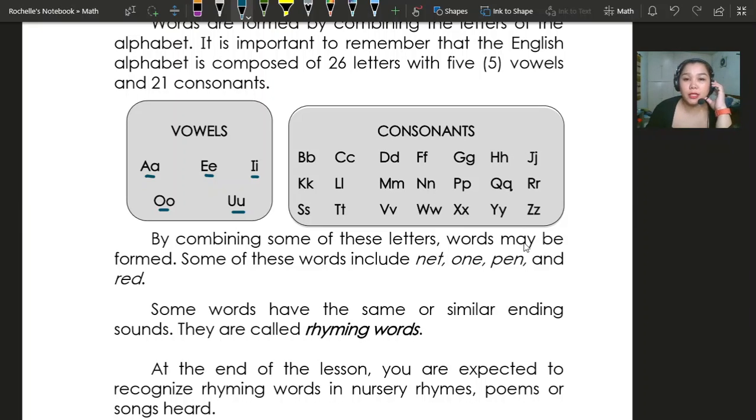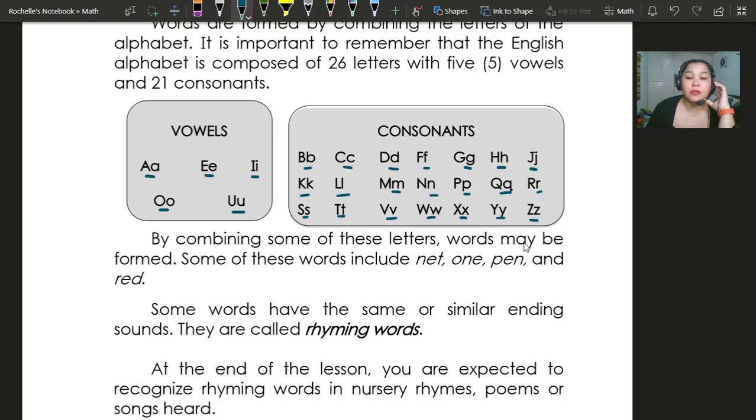And for our consonants, we have B, C, D, F, G, H, J, K, L, M, N, P, Q, R, S, T, V, W, X, Y, Z. So by combining some of these letters, words may be formed.